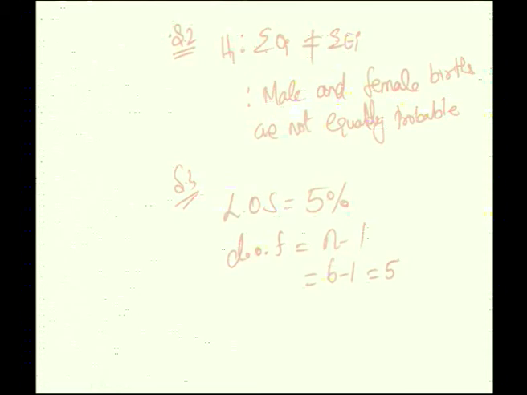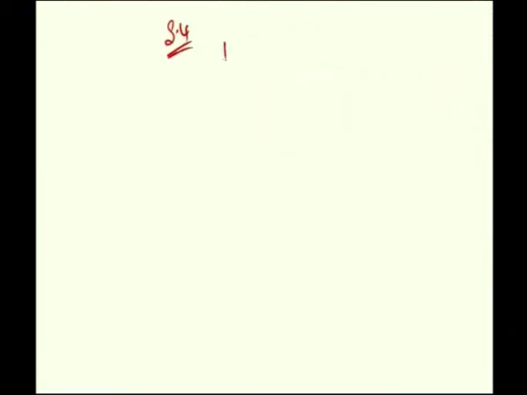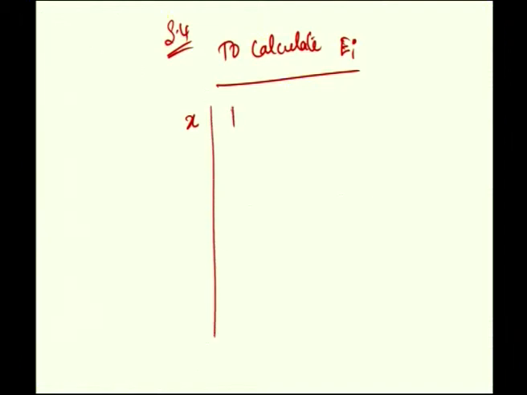Then step 4, first of all we have to calculate EI. To calculate EI, first the x values have to be written, then P of x using the binomial distribution has to be calculated. So, binomial probabilities have to be calculated.